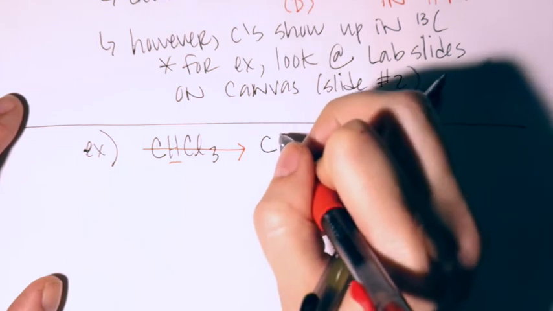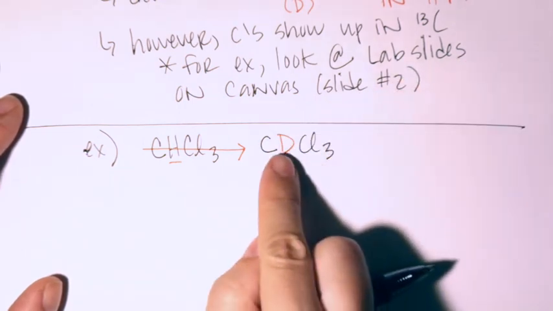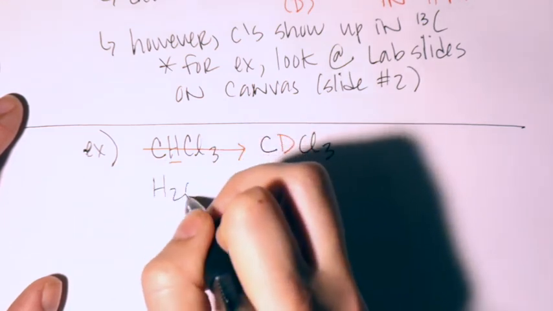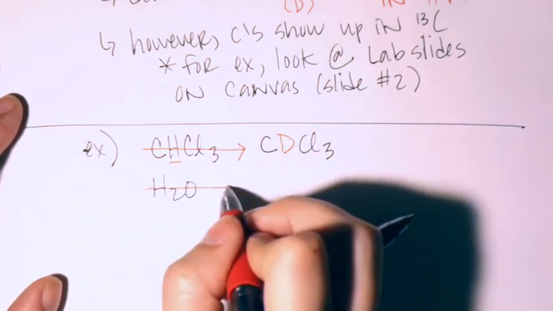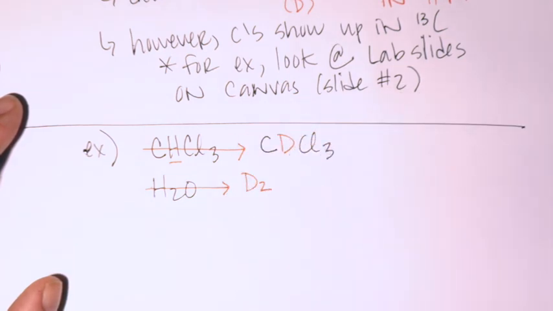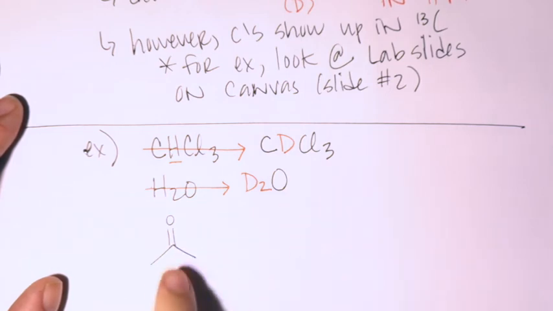So you'll see CDCl3, and we call it deuterated chloroform. You can do this with water. So you can make deuterated water, D2O. That's another common NMR solvent. Or sometimes you'll see things like acetone. So acetone actually has this structure.